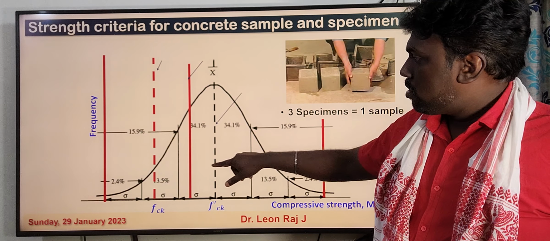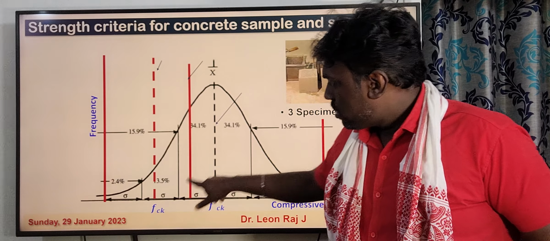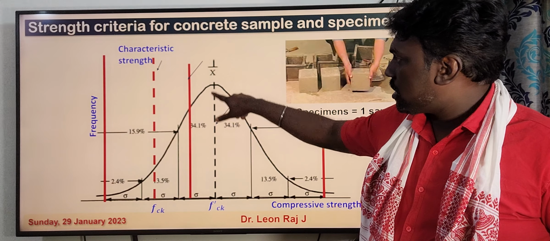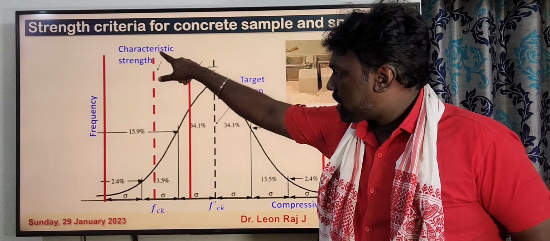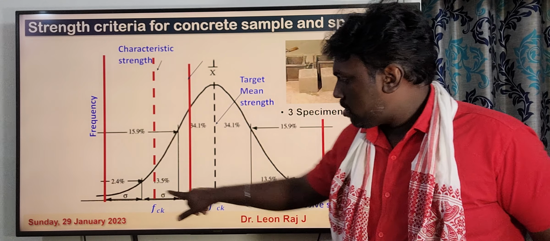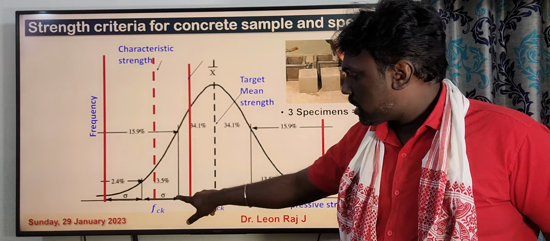So this is the target mean strength, and this is the characteristic strength. Here, 1 sigma covers 34.1 percent of the data.